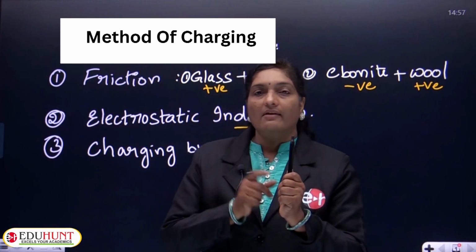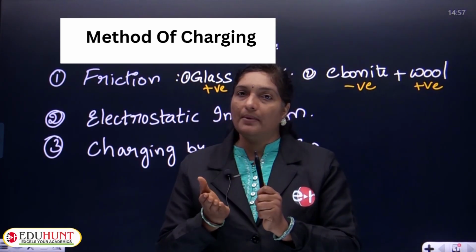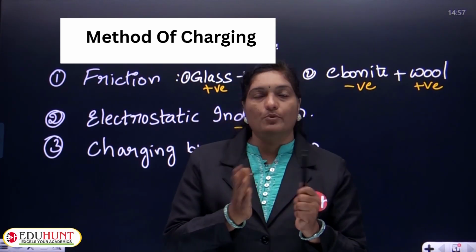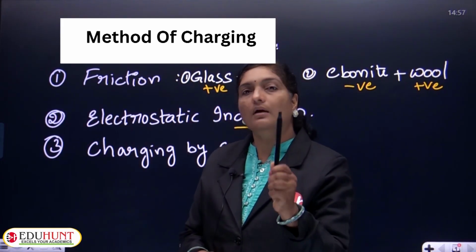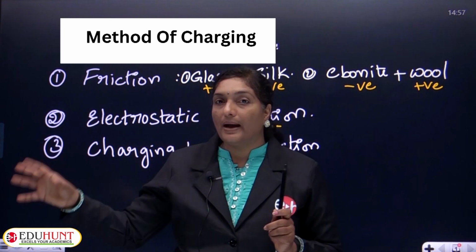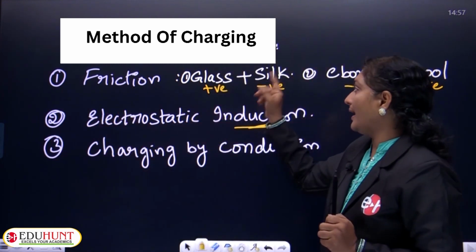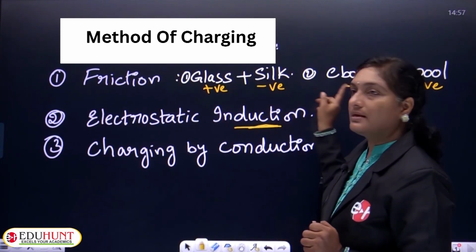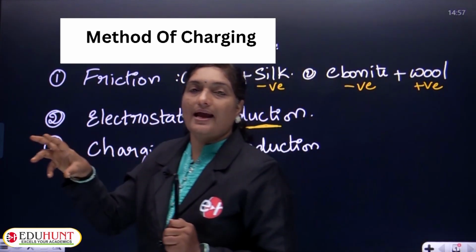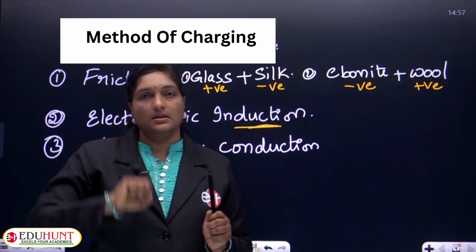What does it mean? When a body consists of an equal number of electrons and protons, then we say that it is a neutral or uncharged body. But a body which has either an excess number of protons or an excess number of electrons, we say that this is a charged body.